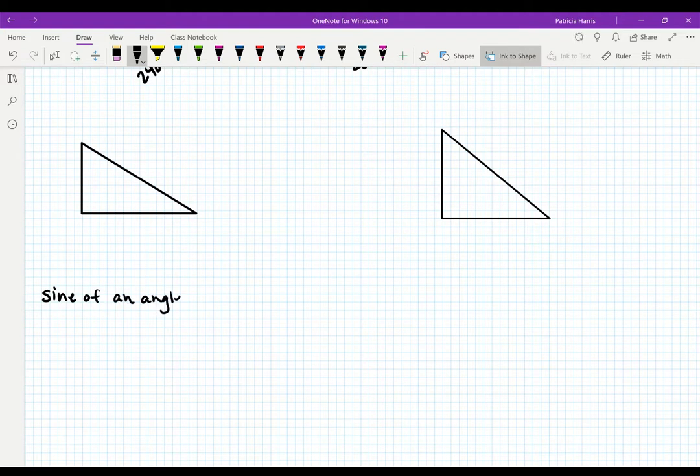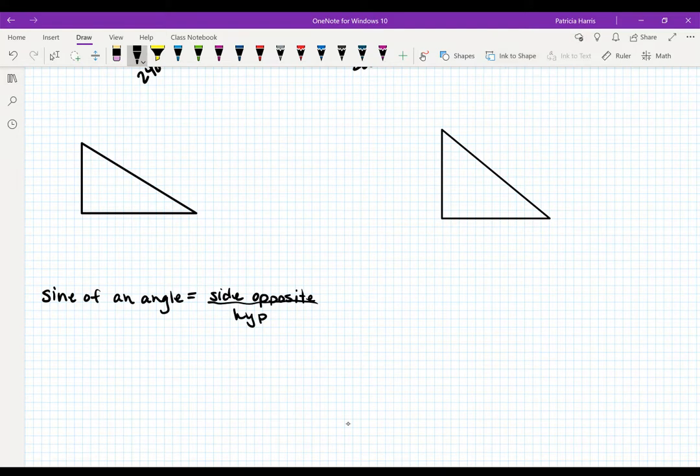Okay, that angle is usually given a name that's a letter. Okay, and it is the length of the side opposite divided by the length of the hypotenuse. All right.